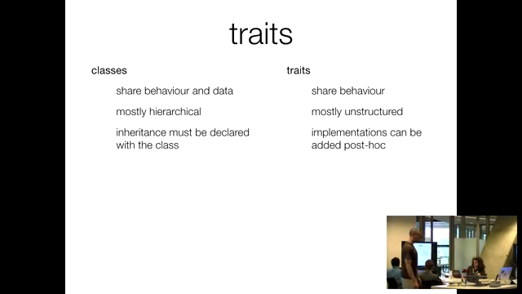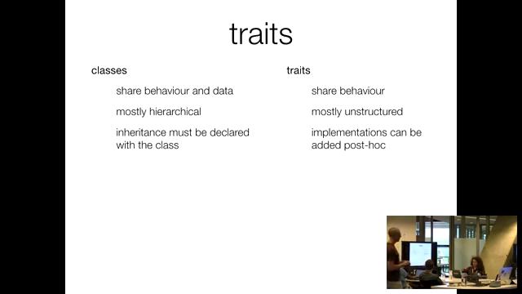In a class, whether you are sharing behavior is declared when you define the class. So you write out your class and you write the classes that it inherits from. In Rust, declaring the traits you implement is completely different from declaring the concrete data types.